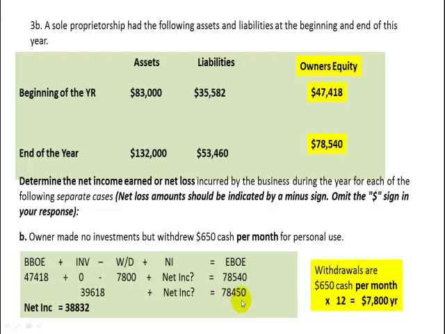So the difference between the 39,618 and the 78,450 will be net income, which is 38,832 in this example, part B. Let's go on to part C.